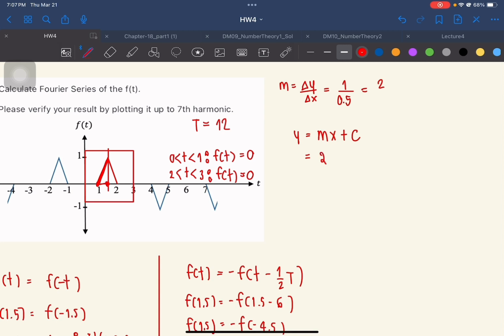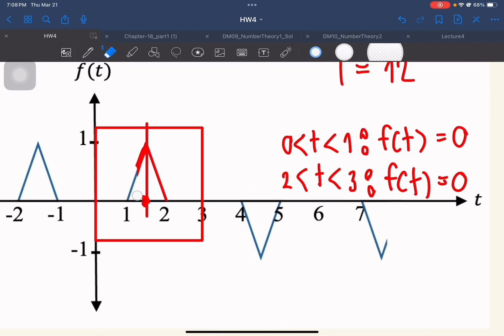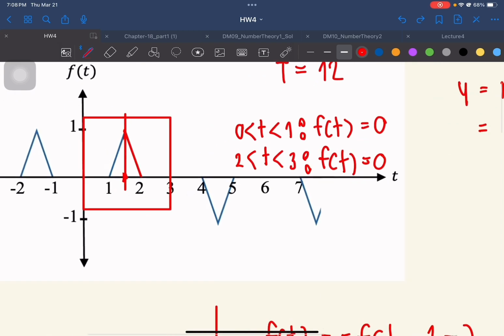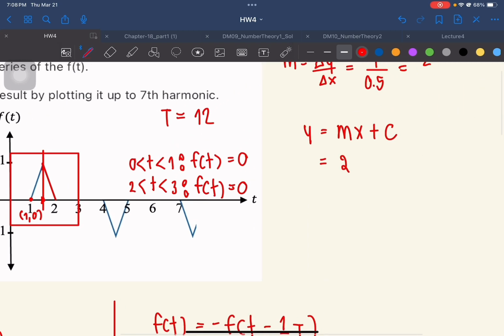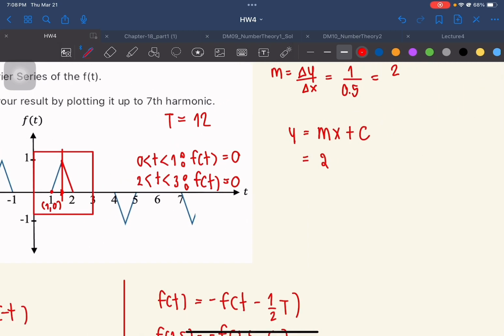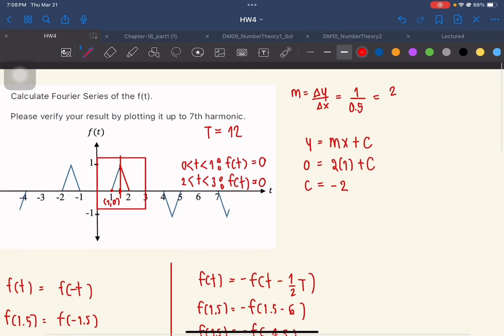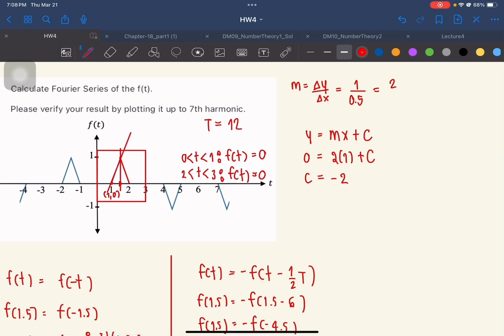Slope is equal to 2, and we are interested in this graph, so I use this as one position, 1 and 0, and substitute in this equation: y is equal to 0 and x equal to 1, so 0 equals 2 times 1 plus c. So the value of c is minus 2. So for this equation, okay, I will change color.